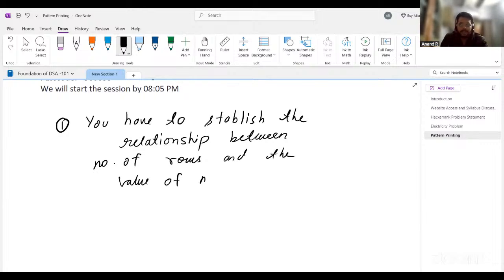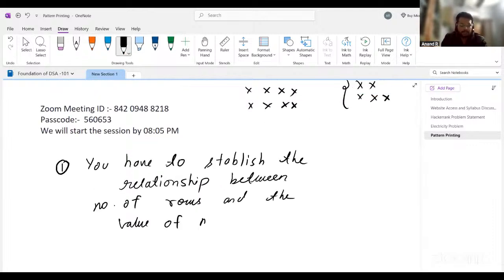What do I mean by the value of n? Let me make this point number 2, and let me add the first point over here. In any given pattern, the first thing you will read is the value of n.